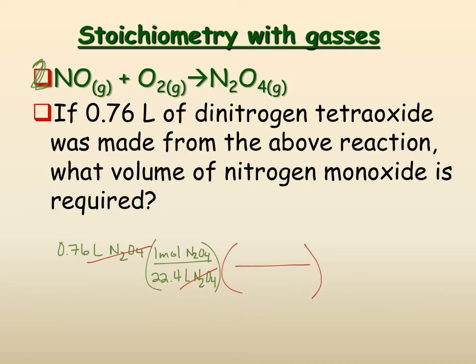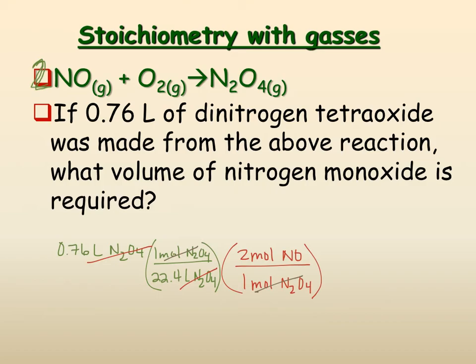For the coefficient, there is no number written, which means my coefficient for N2O4 is 1 mole N2O4. And I'm going to the nitrogen monoxide, so I need 2 moles. I need 2 moles of NO for every mole of N2O4 made. That gets me from moles of N2O4 to moles of NO.